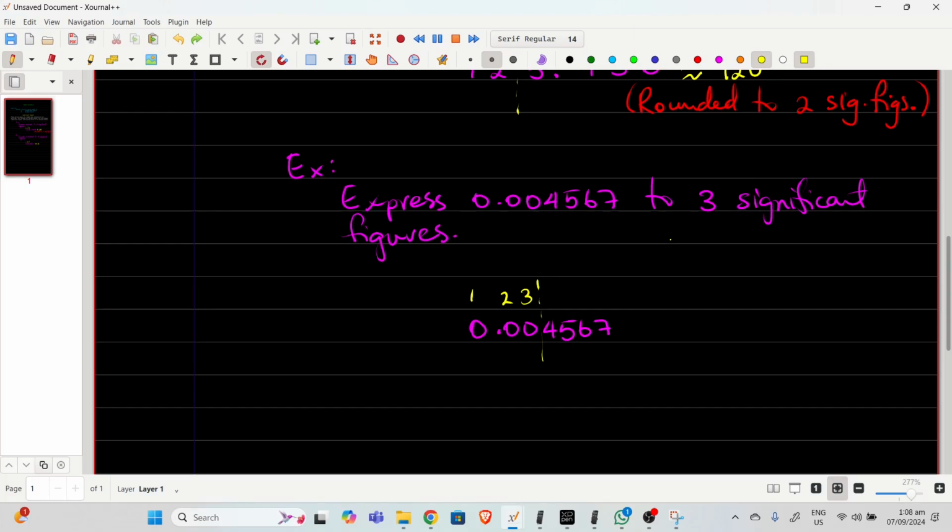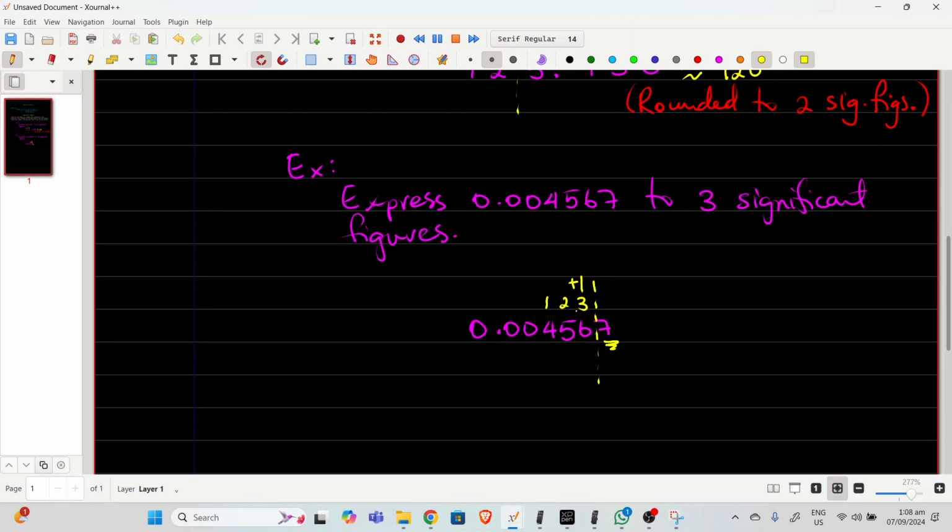Again, the first non-zero digit is where you start counting. So you start counting from here, 1, 2, 3, and you cut off at that point. The answer is going to be rounded because the next digit is greater than or equal to 5. It fits that condition, so I'm going to add 1 here.